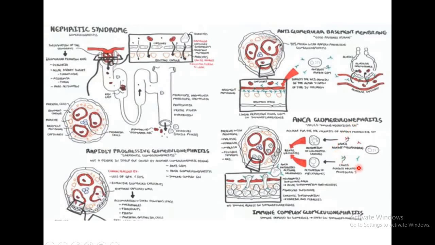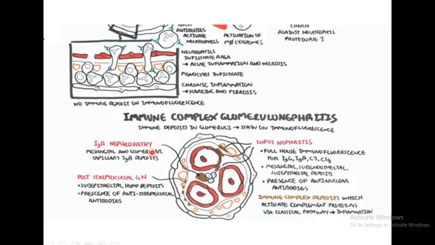And further we studied ANCA associated glomerulonephritis. Here it is again an autoimmune disorder. Here the patient's plasma cells will produce two types of antibodies, P-ANCA and C-ANCA. Basically they will activate monocytes and neutrophils, leading to vasculitis. And next we studied immune complex glomerulonephritis, under which IgA, post-streptococcal, and lupus nephritis.